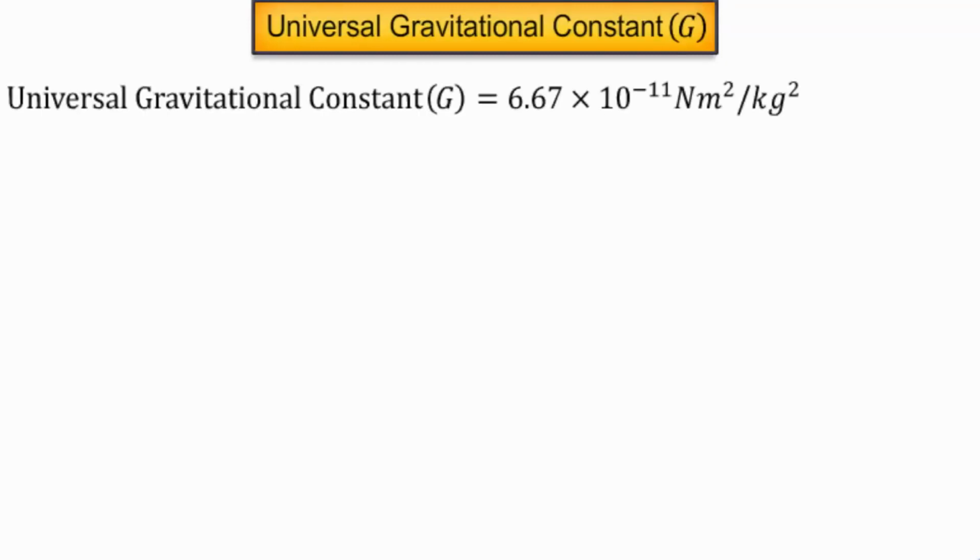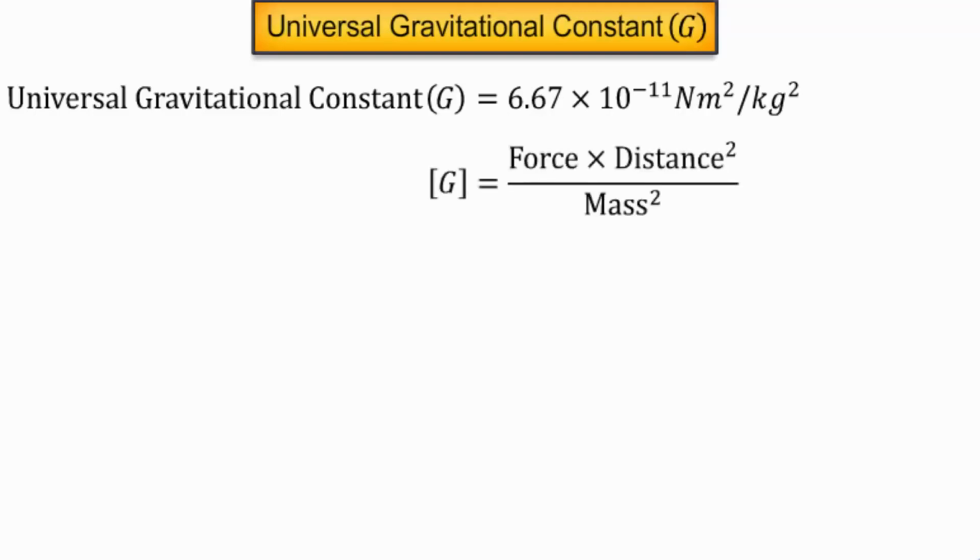For example, the universal gravitational constant G is a constant whose value is 6.67 into 10 power minus 11 Newton meter square per kg square and is denoted by the expression G is equal to force F into distance d square by mass m square.